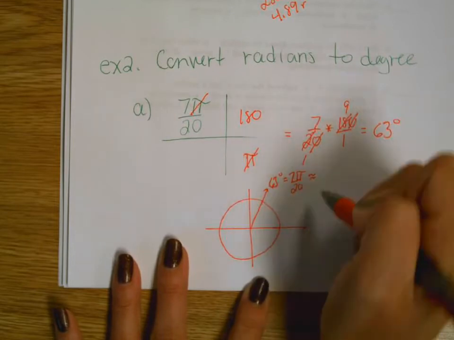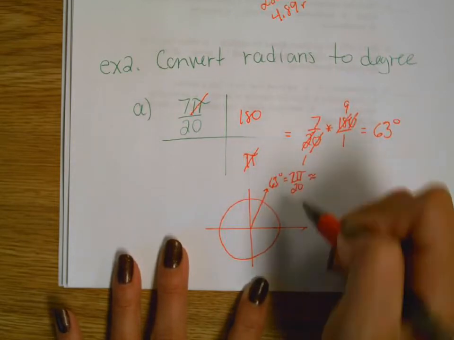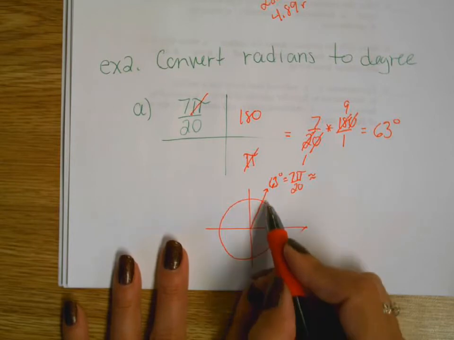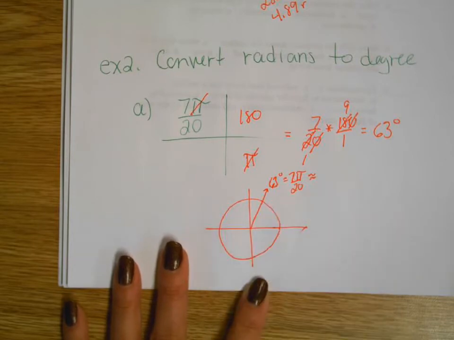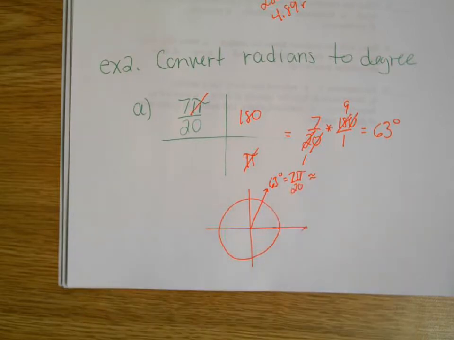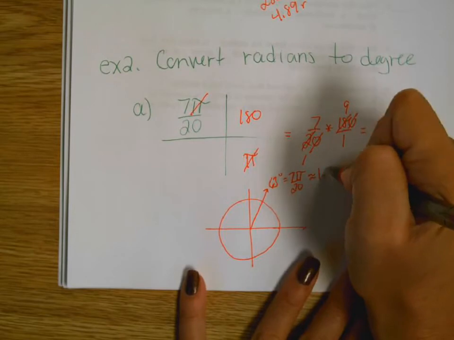And if we wanted the decimal, we could multiply 7 times pi over 20, and that would tell us how many radius lengths around it is. A little over 1 radius length, 1.1 radians.